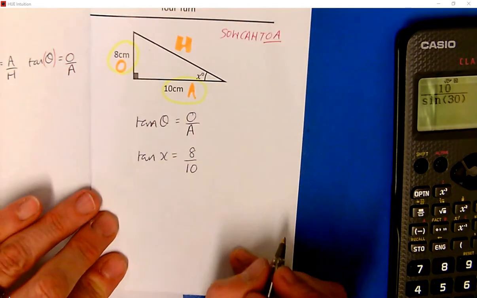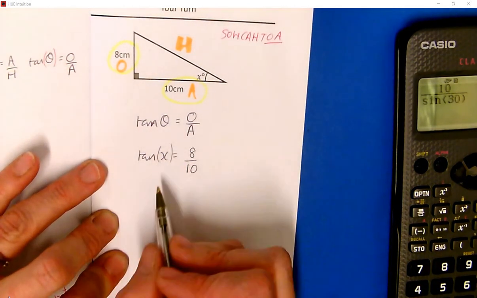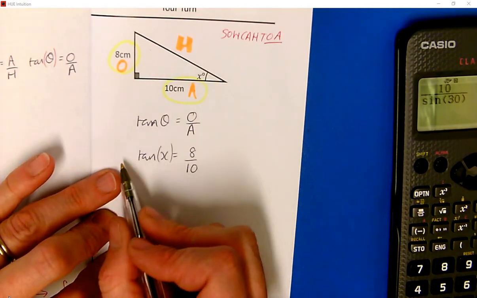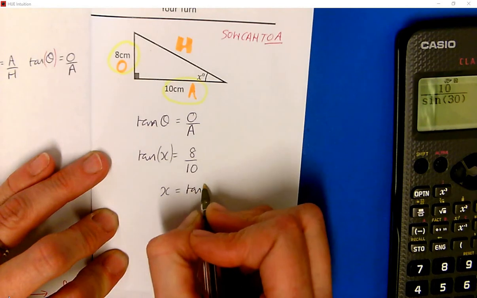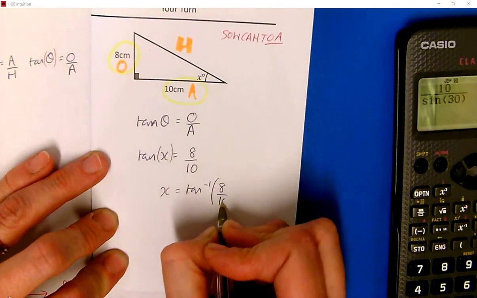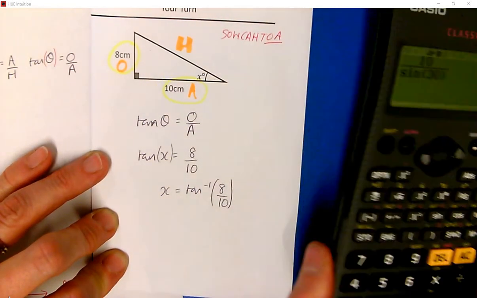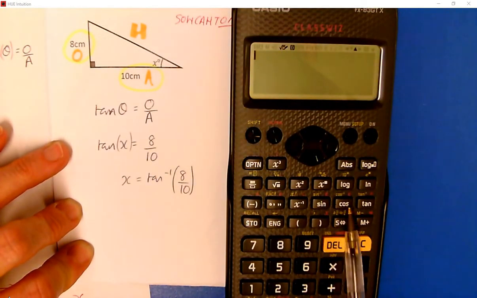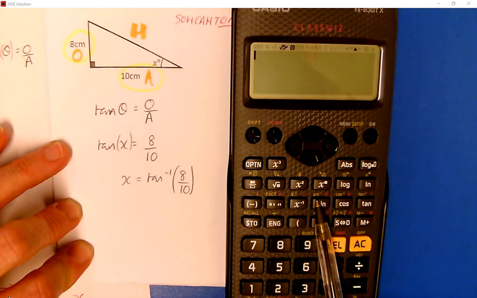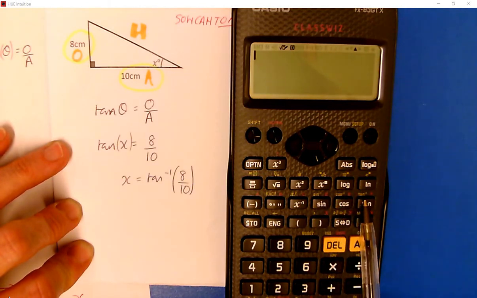Right, now this time, remember, we want to get x on its own, so we need to get rid of tan. We need to inverse tan. Okay, so on your calculator, you can see that just above sin, cos and tan, in little yellow writing, there's inverse sine, inverse cos, inverse tan. So like tan to the minus 1.